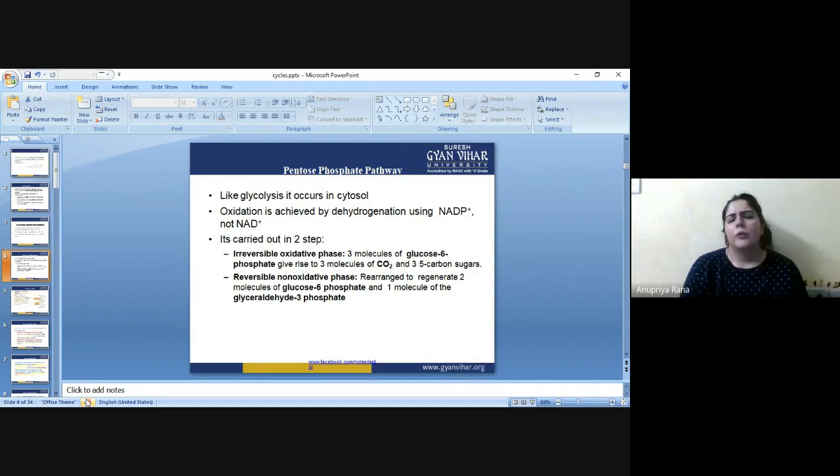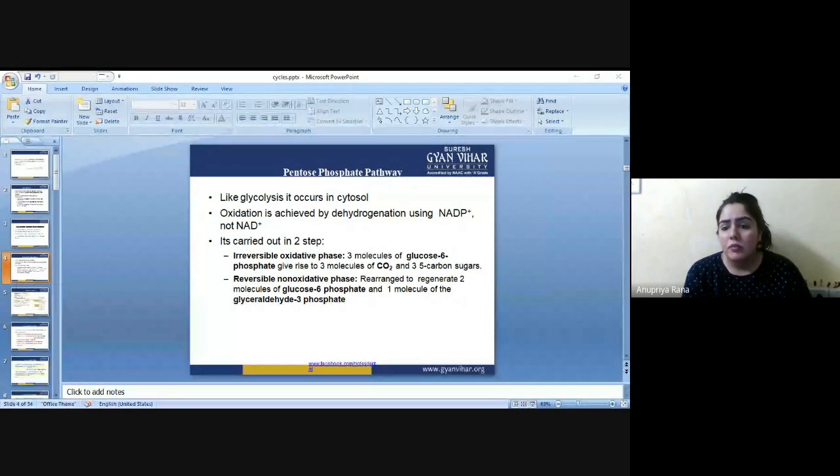Sometimes you may feel that this is very complex, having oxidation and reduction, and sometimes reversible, sometimes not. But the main purpose of this pentose phosphate pathway is just to play with the carbon numbers.